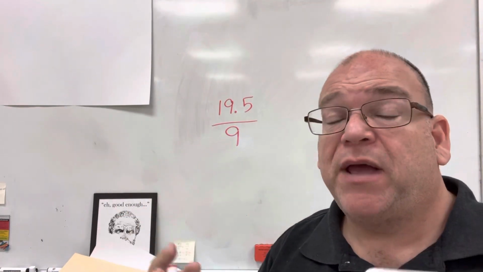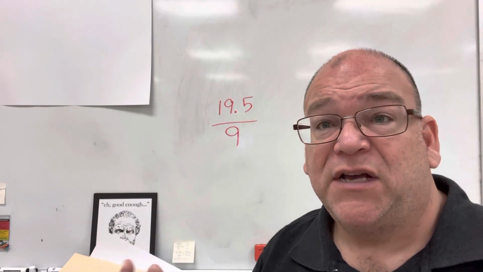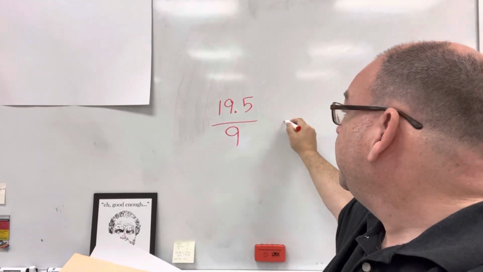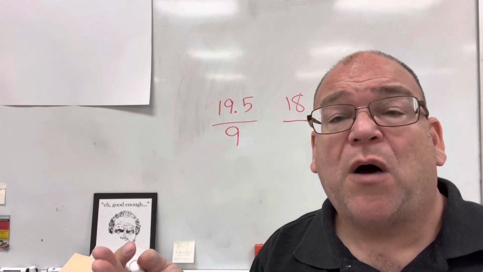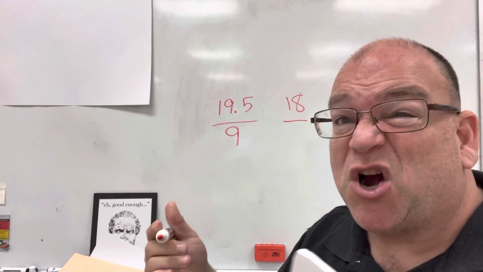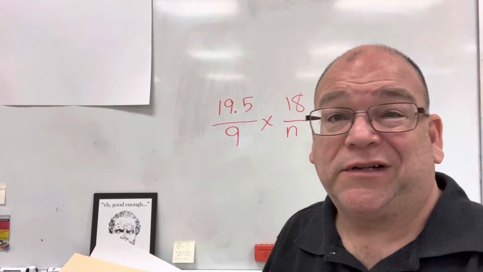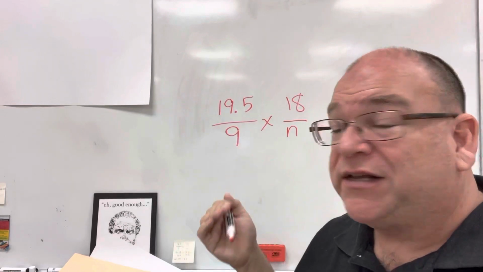And the standard paper that I'm using in my classroom is 12 by 18. So we know that the longest measurement can be 18 inches. So I'm going to put 18 over here. But we don't know how wide that's going to be. So that's going to be our unknown, or n. So we're going to do a little cross multiplication to figure out how wide it's going to be. We know how tall it's going to be.